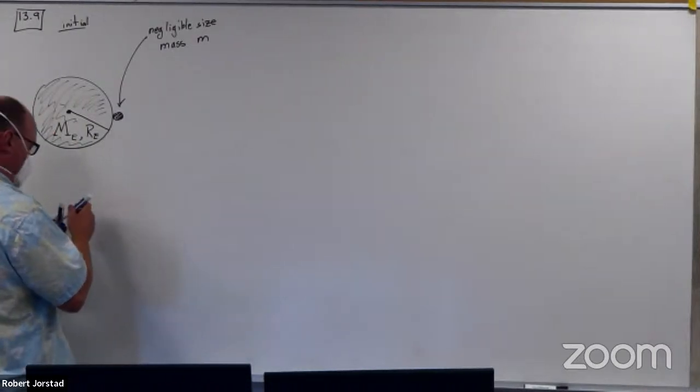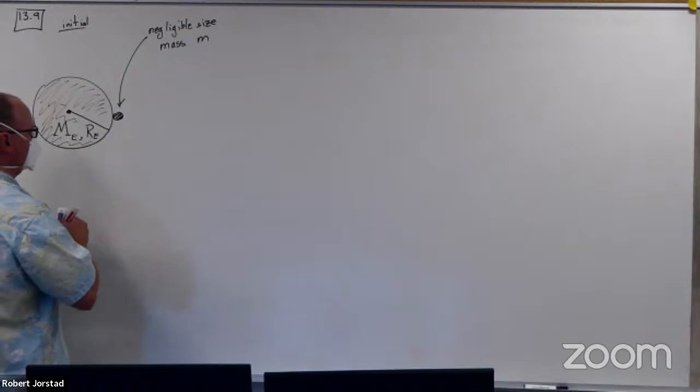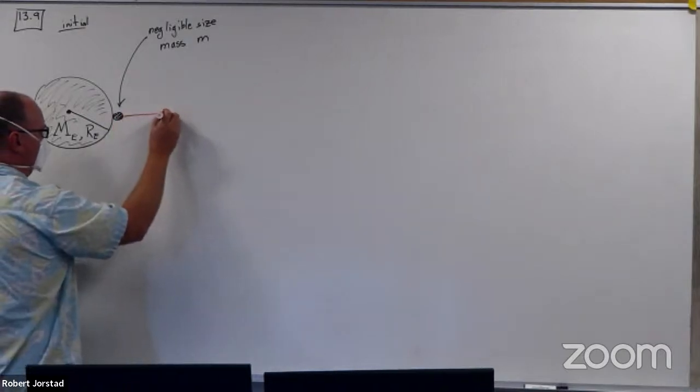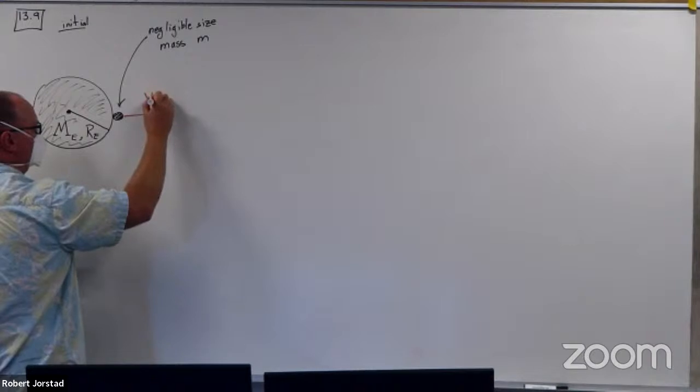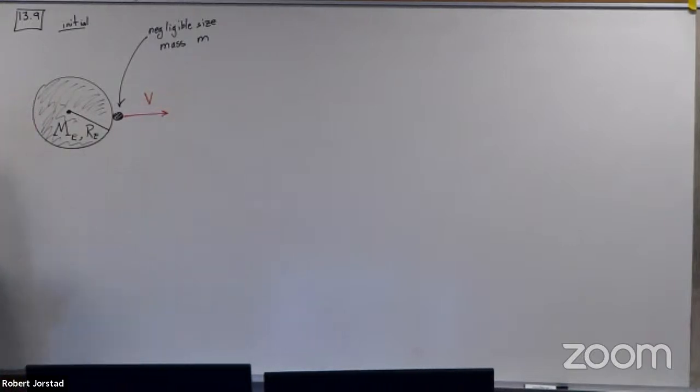And this thing is going to be moving with speed v in the initial state. So it's at the surface, it has negligible size, mass m, and speed v, and it's going radially out from the planet. All right.